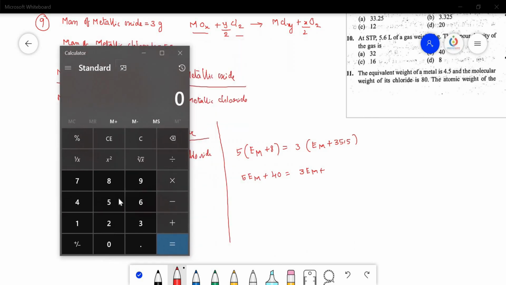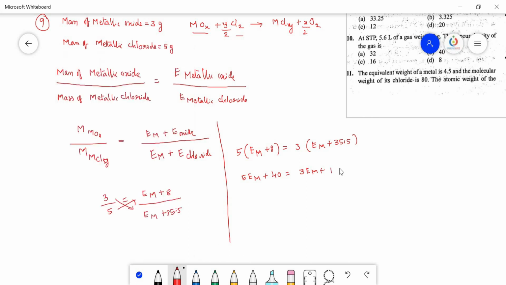So 35.5 into 3 is 106.5. Now you send the 3 equivalent mass this side, because here 5 is there, so from this you can subtract, and 40 this side. So now 5 equivalent mass minus 3 equivalent mass of the metal equals 106.5 minus 40.